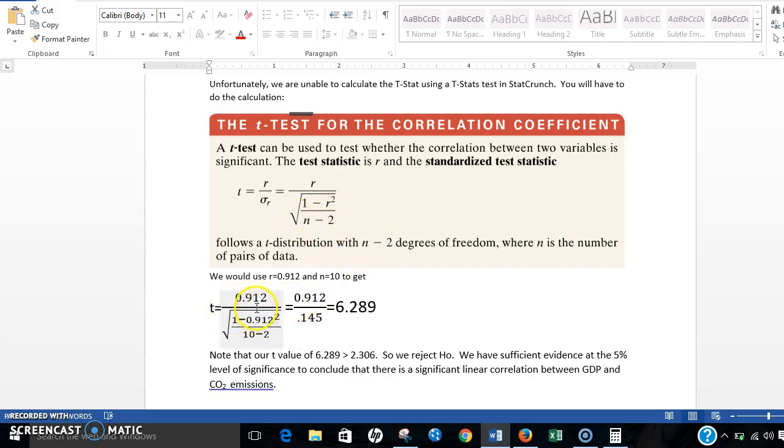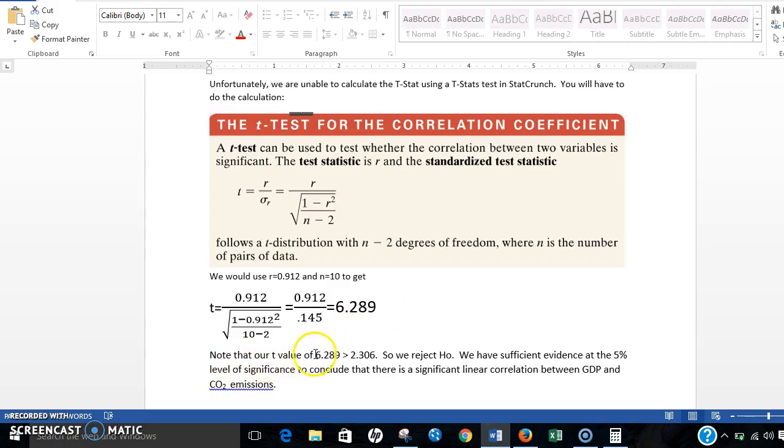So I've put the numbers in here. Our r value was 0.912, and in the denominator I have the square root of 1 minus 0.912 squared, all divided by 10 minus 2, or 8, and then I took the square root of that. And I ended up with 0.912 over 0.145, which equaled 6.289. So that's our standardized test statistic.